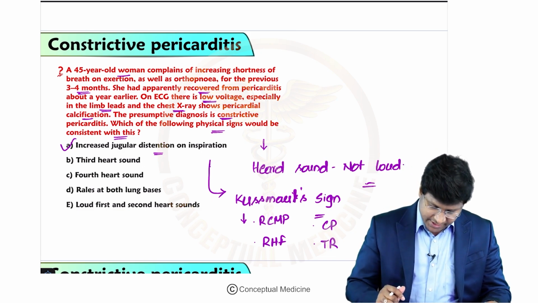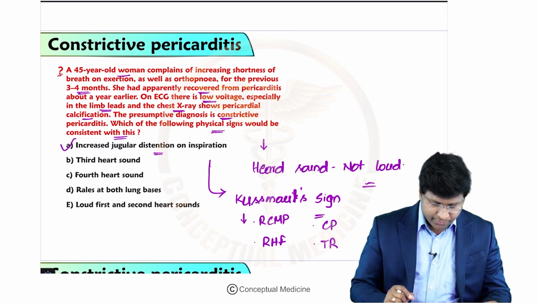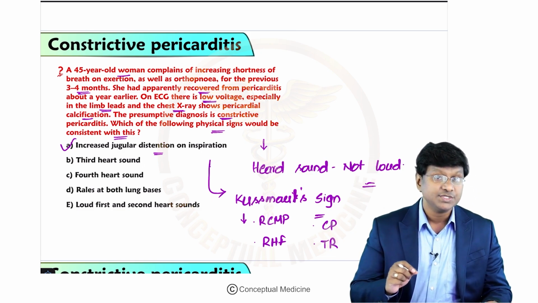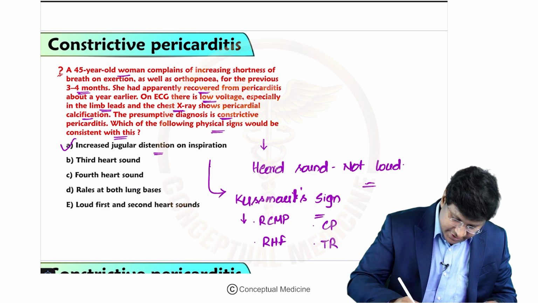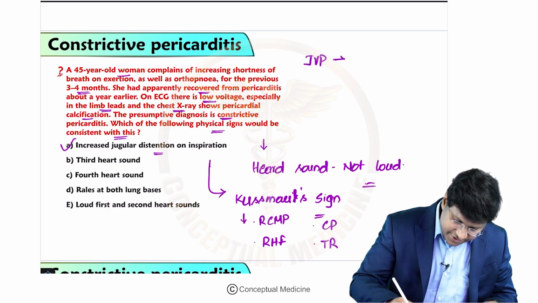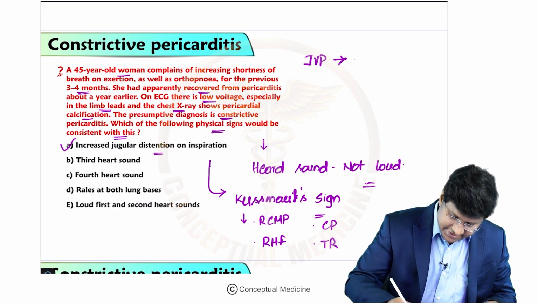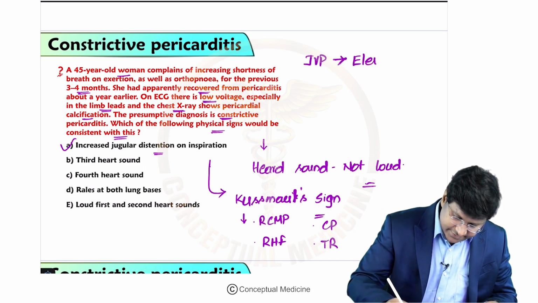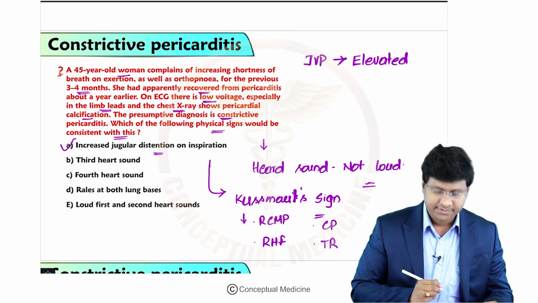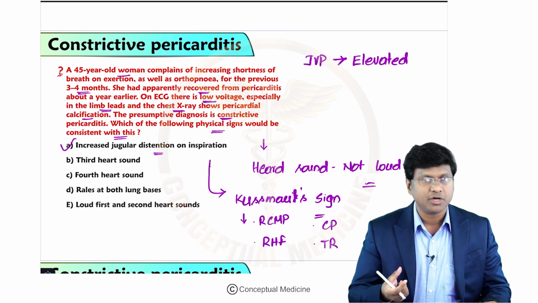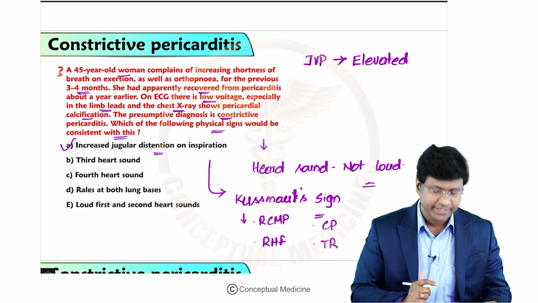Okay, next. Now I just want to tell you one more important point regarding the JVP in patients with constrictive pericarditis. If you take the JVP in these patients, it is elevated. And there are some abnormal waves in the JVP of constrictive pericarditis.